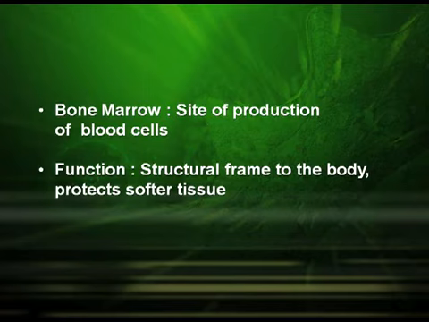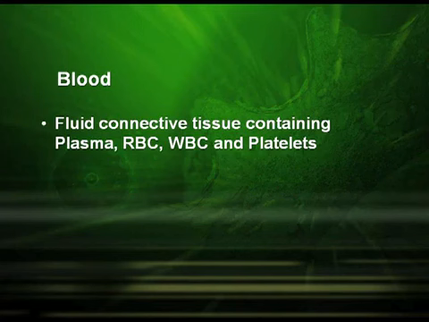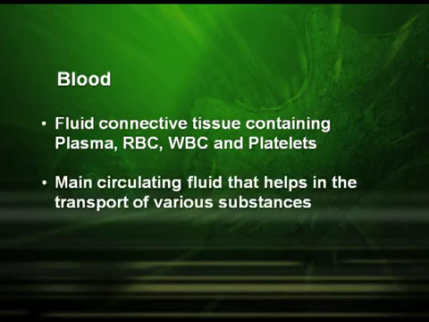Their function is to give a structural frame to the body and protect the softer tissues. Blood is the next type of connective tissue. It is a fluid connective tissue consisting of plasma, RBC, WBC and platelets. It is the main circulating fluid that helps in the transport of various substances.